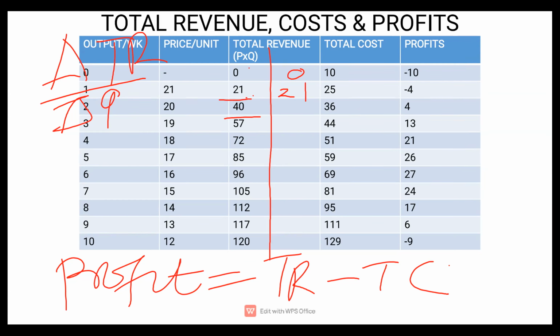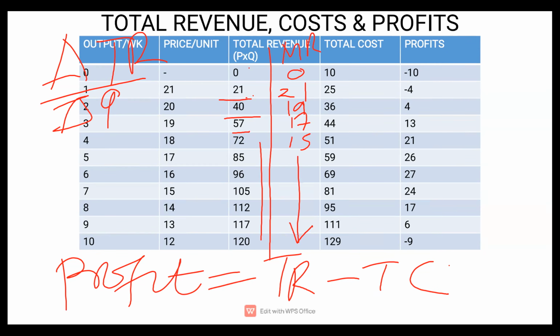Marginal revenue, not marginal cost. 19. And the 57 minus 40, 17. Okay, then it's 72 minus 57. 15. Okay, 15. In short, going down, you just continue in the same way to fill in this.